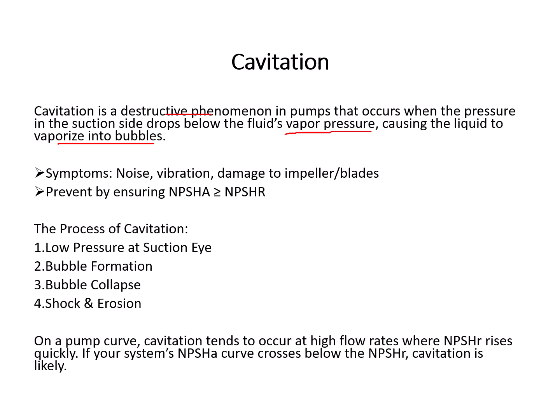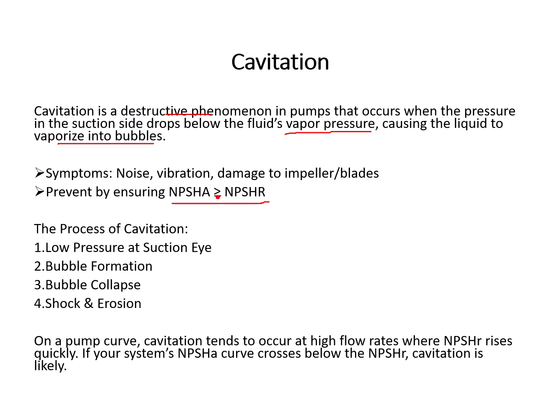You can prevent it simply by this very simple equation: always ensure that your net positive suction head available is greater, not equal, greater, because equal is a risk, than the net positive suction head required.